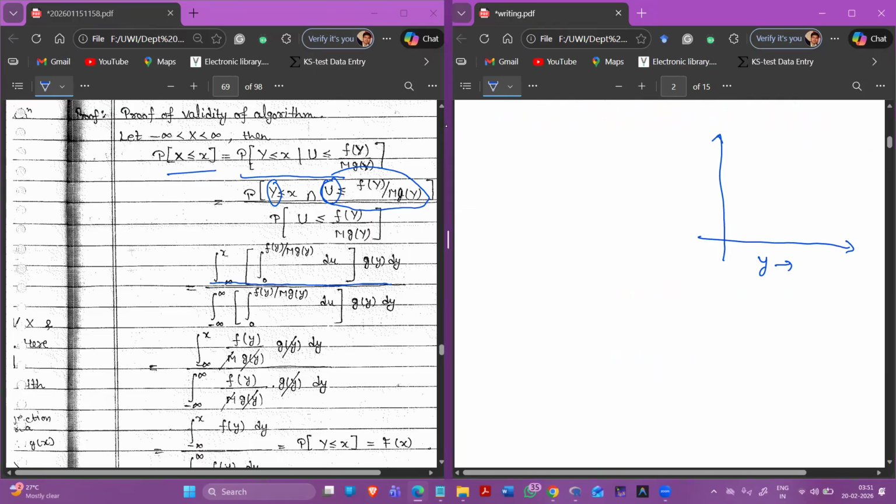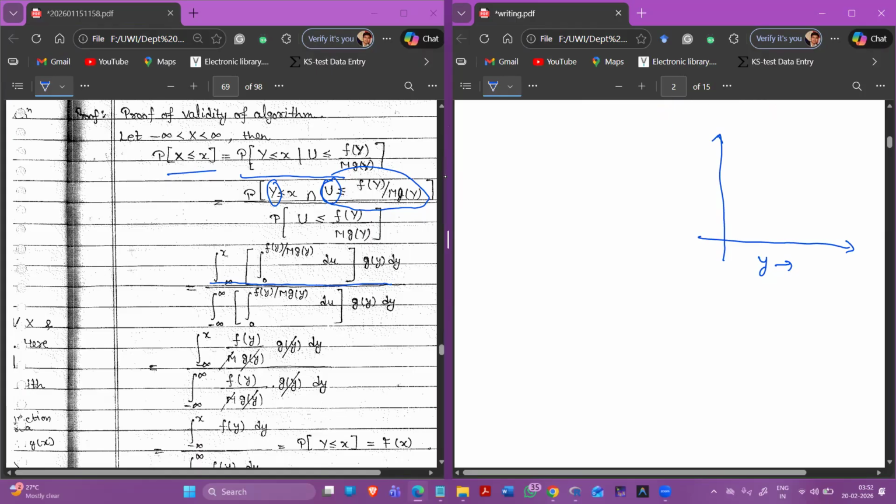In that one, the uniform distribution, you are going to solve it for the fixed value of y. You will generate one value of y from gy and put it in this expression fy upon mgy. So for a fixed value of y, you are going to solve this integral.